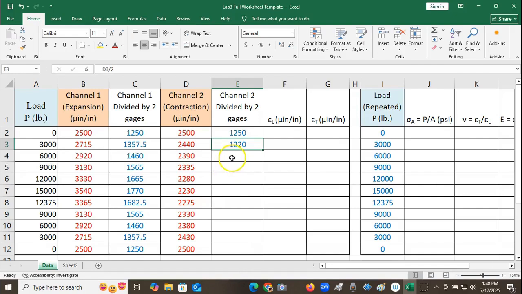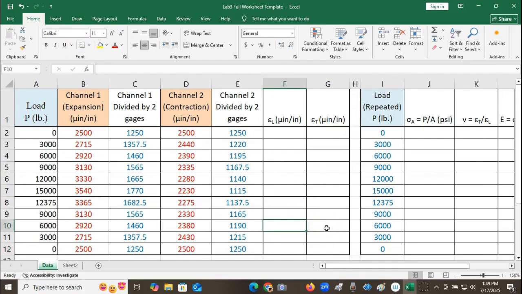See, the strain indicator is measuring both gauges at once. There's one transverse gauge on the front and one on the back. But I don't want to be double dipping. So I only want the transverse strain, not double the transverse strain. Okay, how is that? Did I do that correctly?